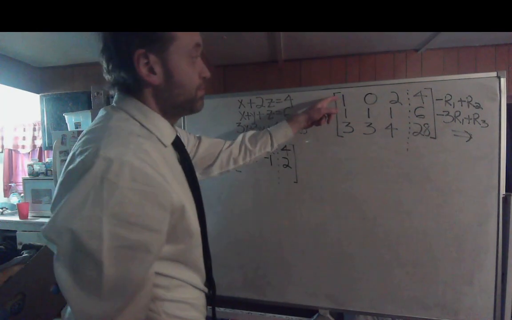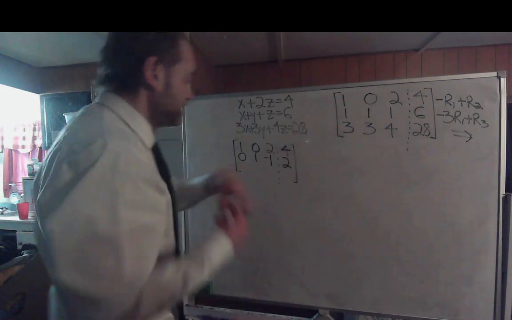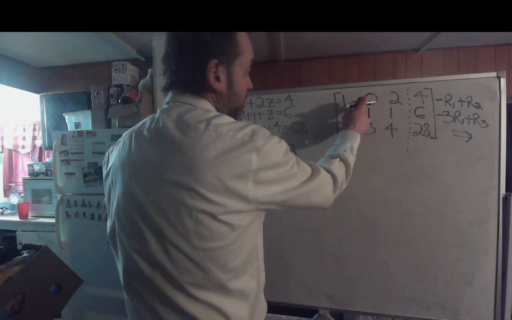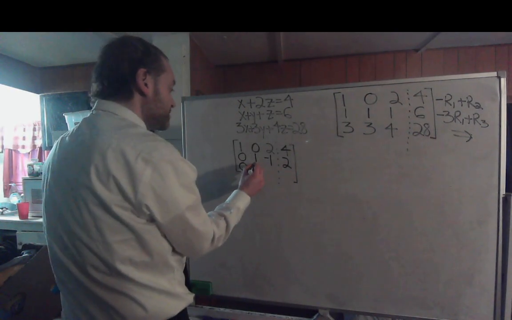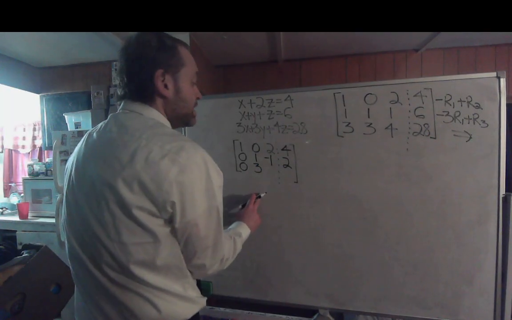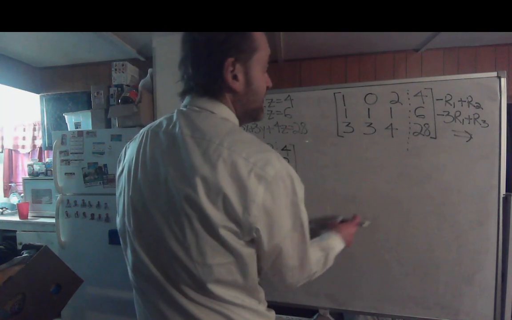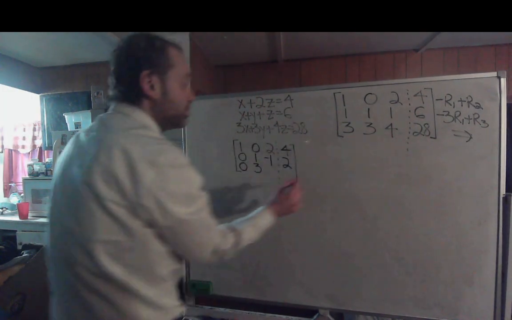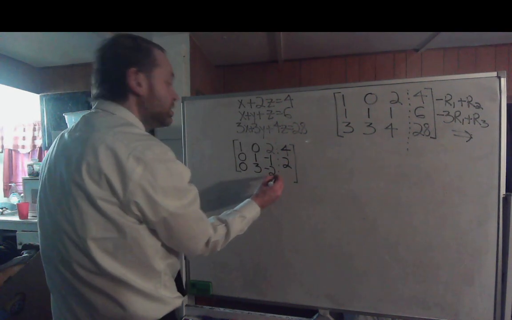So negative 3 times 1 is negative 3 plus 3 is 0. Negative 3 times 0 is 0, plus 3 is 3. And then negative 3 times 2 is negative 6 plus 4, that's negative 2.